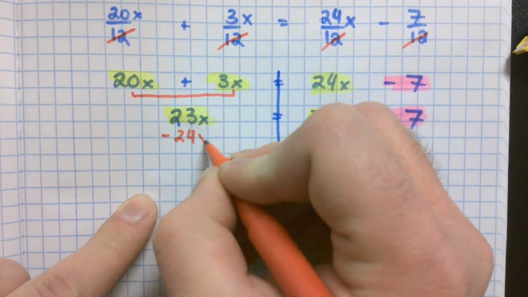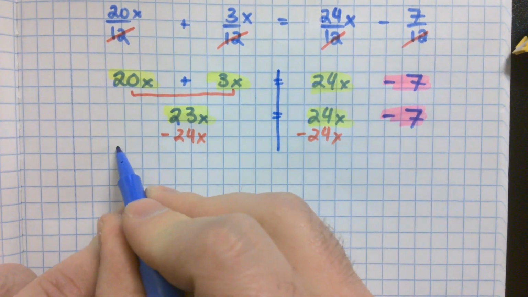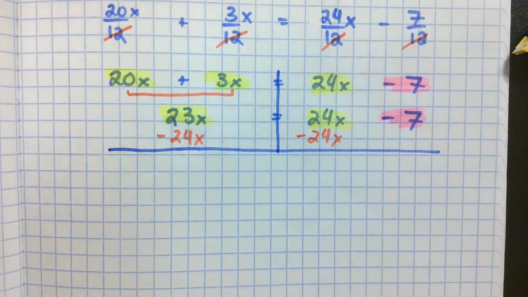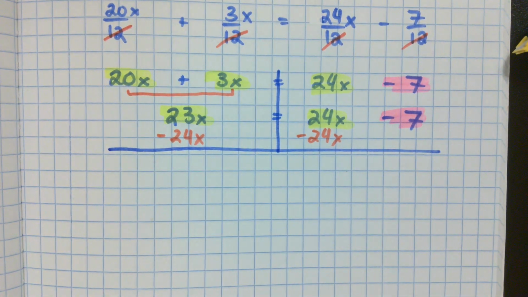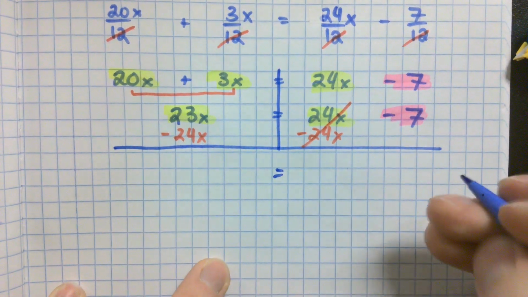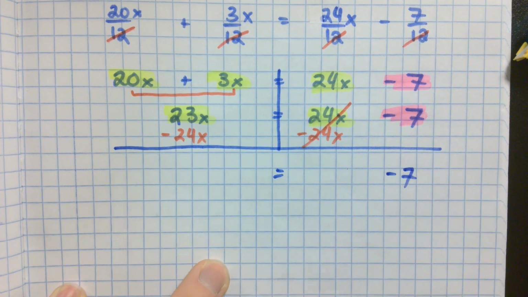And we're going to do that on both sides. If I'm going too fast, let me know. What happens to our 24x's on the right? Cross them out. Good. All we're left with is negative 7 over there.